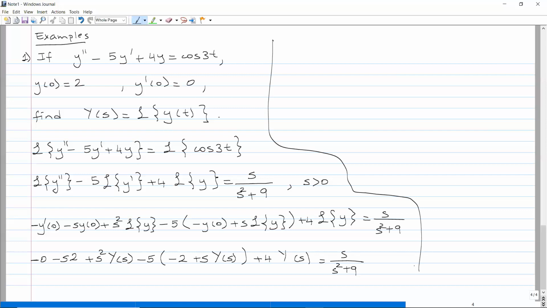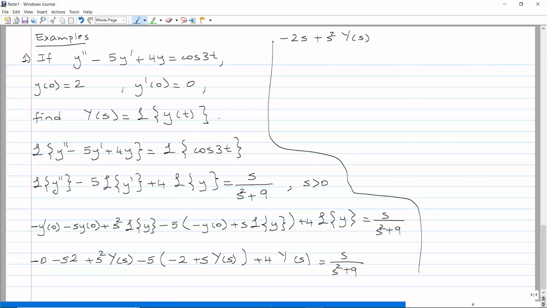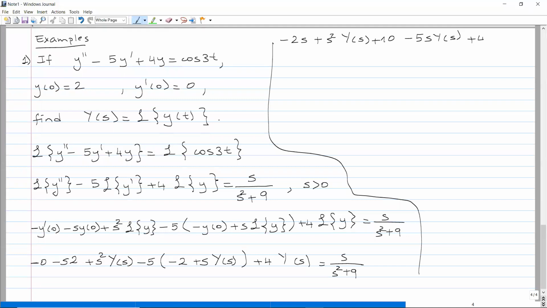So I have minus 2s plus s squared capital Y of s plus 10 minus 5s capital Y of s plus 4 capital Y of s equals s over s squared plus 9.